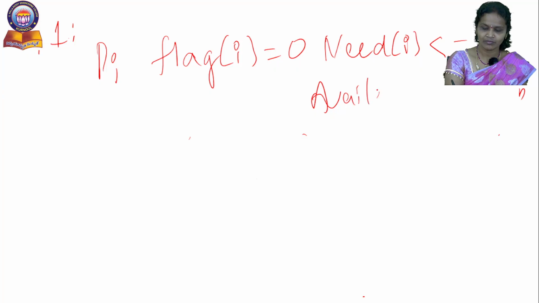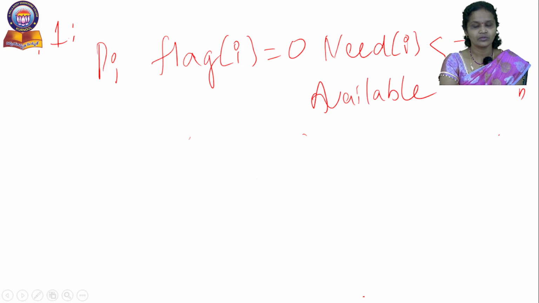We need to check whether there is any process whose flag is 0 and whose need is less than or equal to the available number of resources.